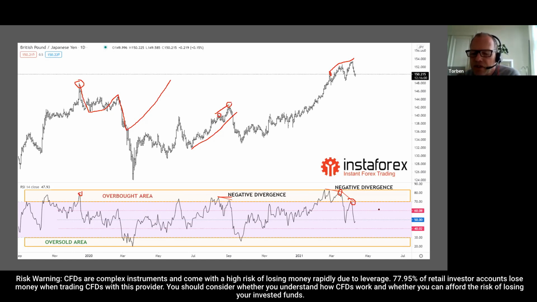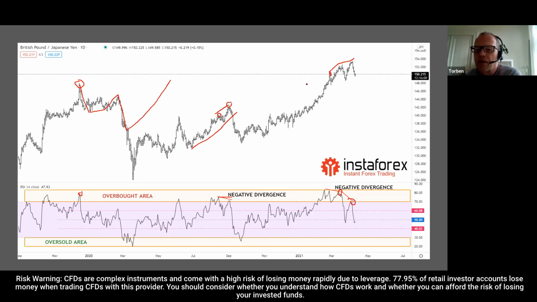And often when you see the market peaking just near 70, then that is a real sign that the market has peaked, and now you should be careful. Still, this could be just a temporary peak. We don't know that, but it could also be a larger peak.